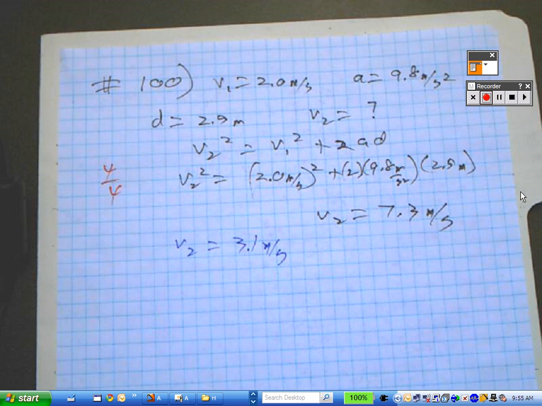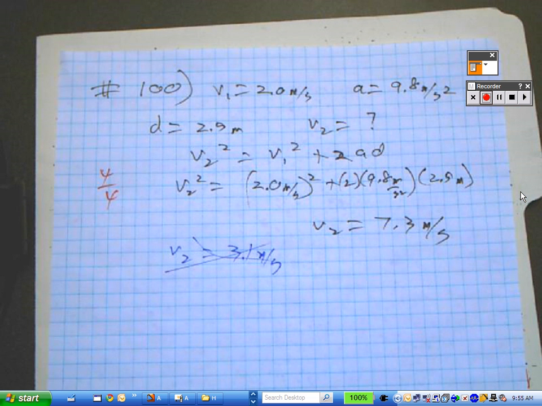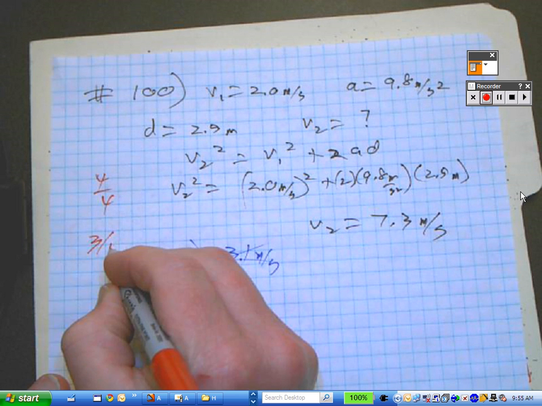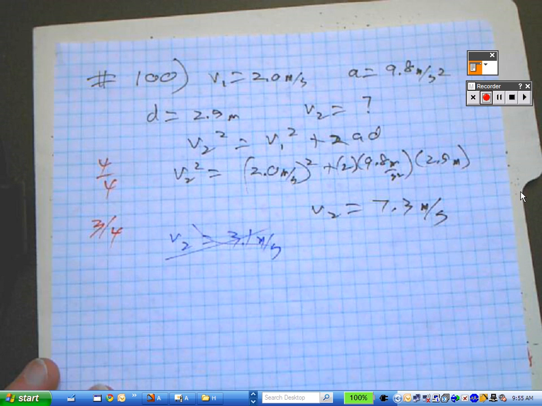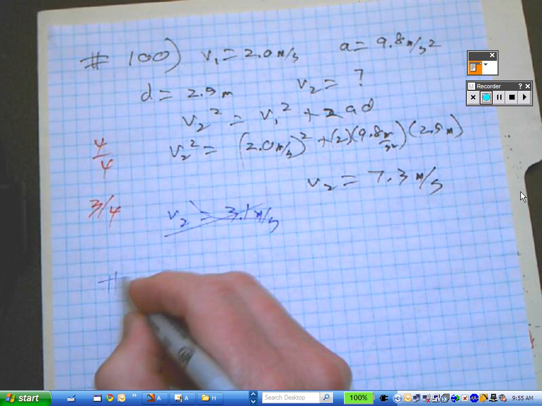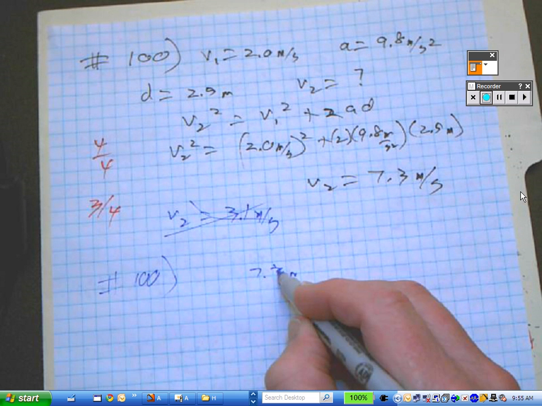Okay? Now, this is a wrong answer, but still, I want to give you very much credit for actually trying the problem. And if you show your work and really try it, I will give you 3 out of 4 for just trying it, even if you mess it up. Okay? But what if instead of all of this, all you do is write down number 100 and you write 7.3 meters per second?